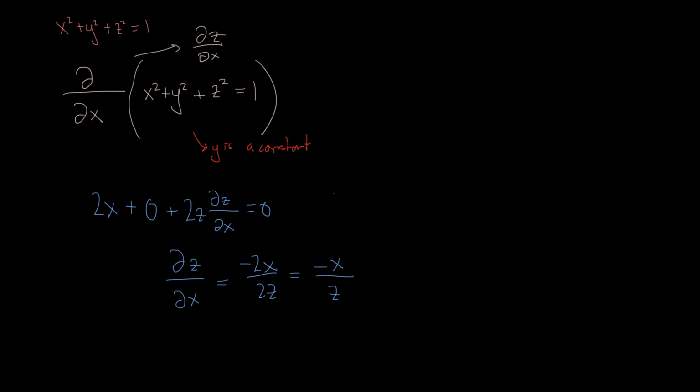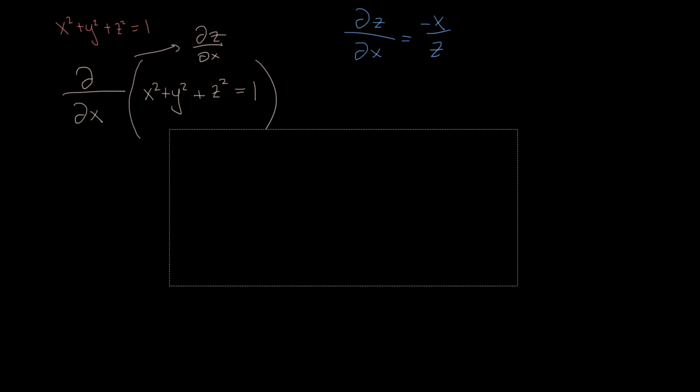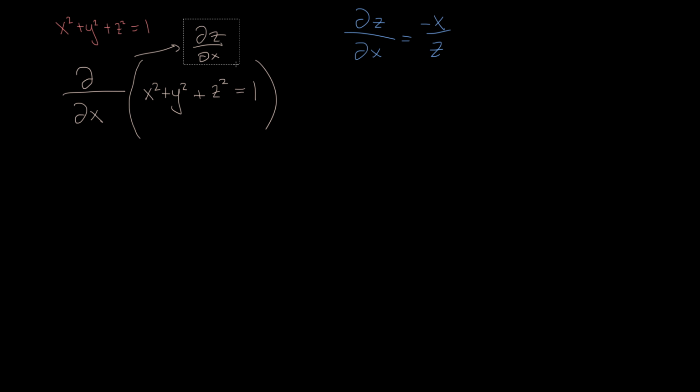So I think that's pretty cool. And it was pretty simple to do. And so let's write that up here. We found partial z, partial x, and this is negative x over z. And so actually, if you go through and you do the same thing, except you change what you're finding, so instead of finding this with respect to x, if you find it with respect to y, partial z, partial y, you'll have to treat x as a constant, and then you'll get the result.